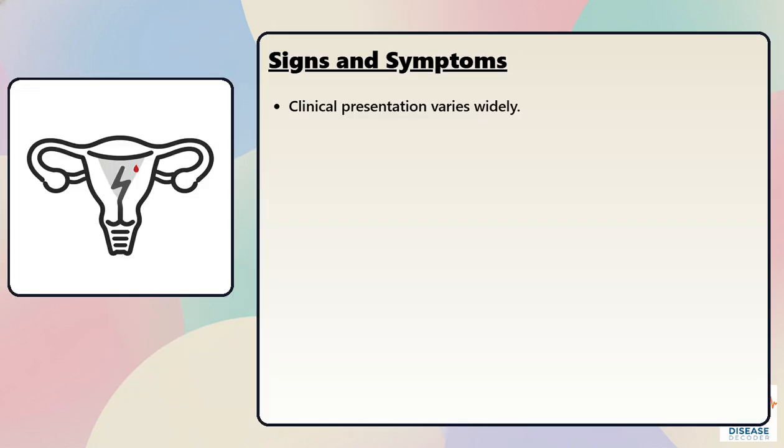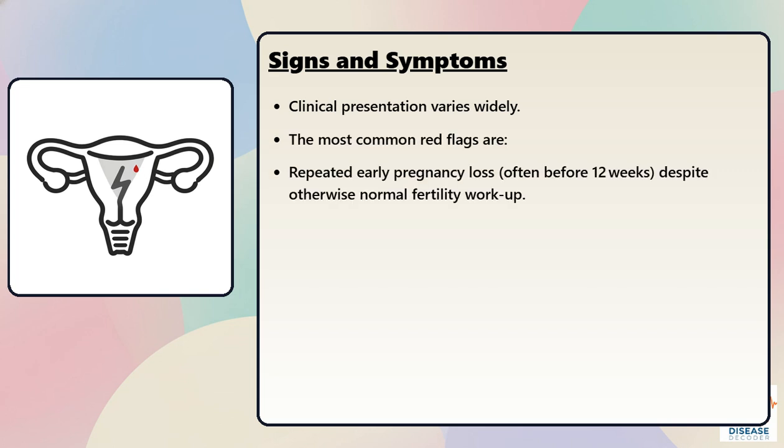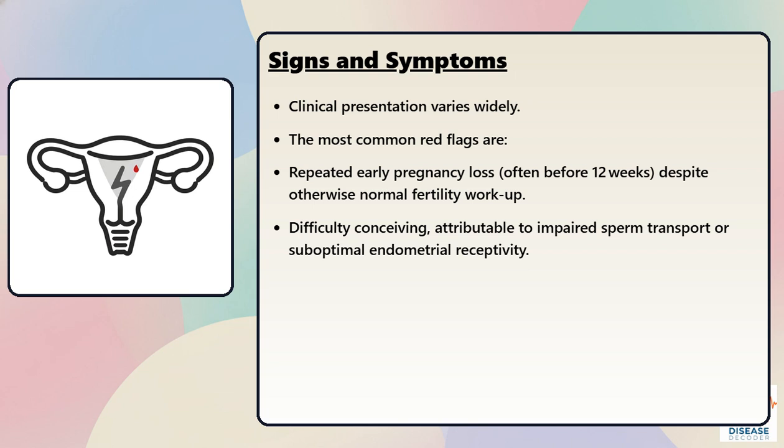Clinical presentation varies widely. The most common red flags are repeated early pregnancy loss, often before 12 weeks, despite an otherwise normal fertility workup. Difficulty conceiving, attributable to impaired sperm transport or suboptimal endometrial receptivity.